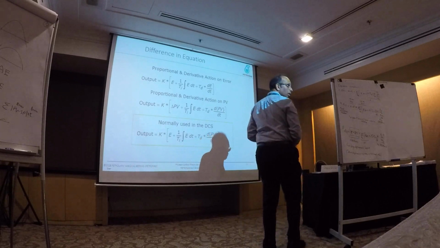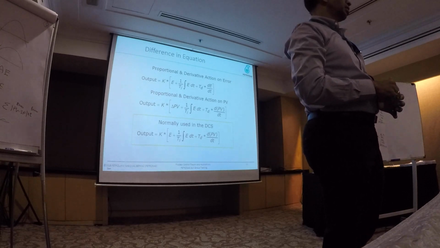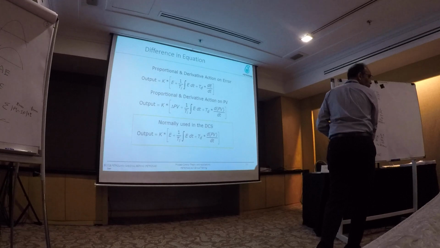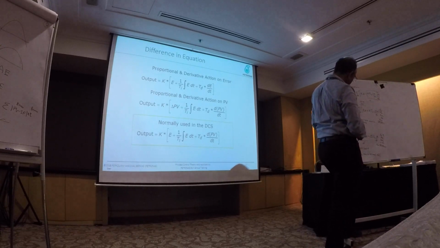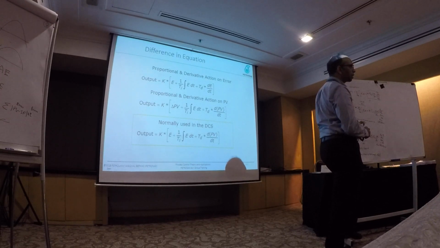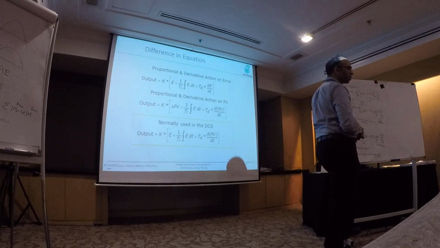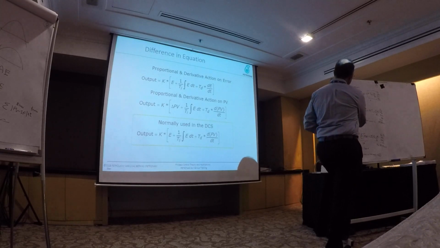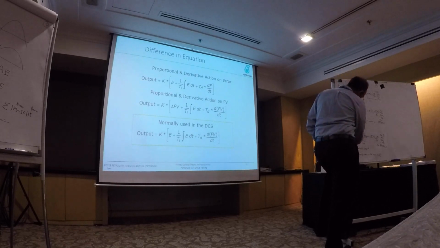But if that's the case, the P action doesn't act on set point changes anymore. Sorry, in which case for flow you mean? If you use the third equation. Yeah, if I use the third equation, the P term does not act on set point. So in general, we find something very interesting. If you apply a gain of 1 here, in this loop, you can apply a gain of 3.